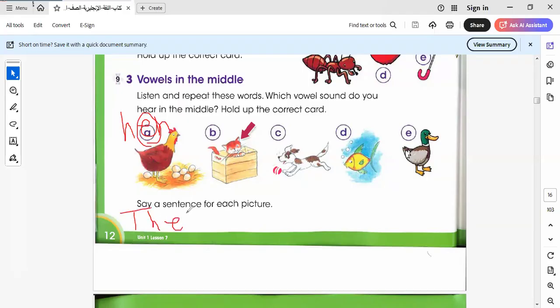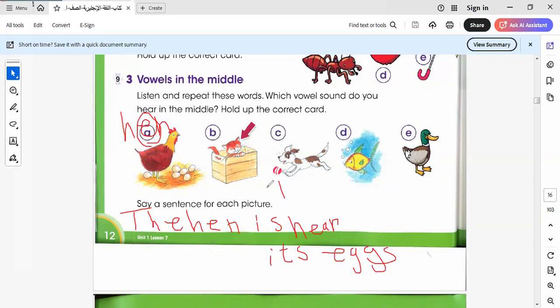Or the hen is near its eggs. Okay, it's near its eggs.